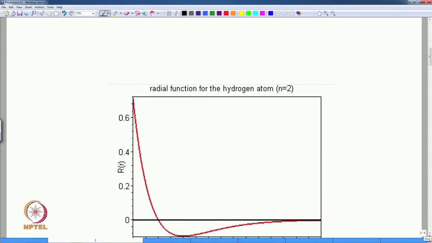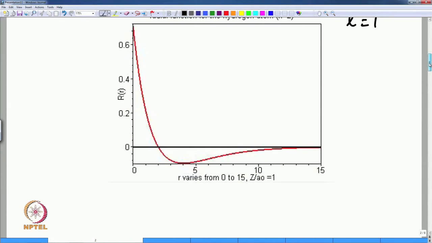What about the radial function for the hydrogen atom at n equal to 2? There are two values, L equal to 0 and L equal to 1. So, if I look at L equal to 0, the functional form, if you remember I wrote down, is (1 minus r by 2 a naught) e to the minus r by 2 a naught.